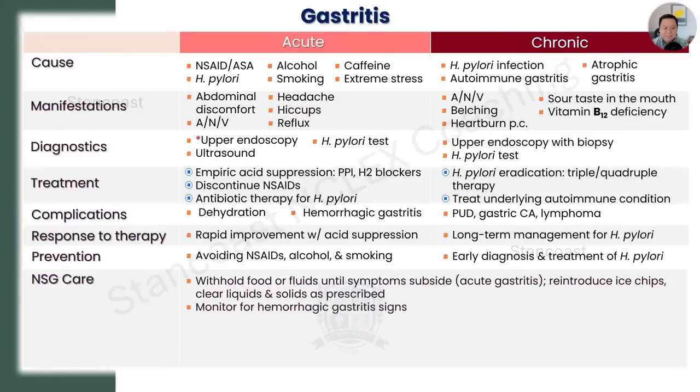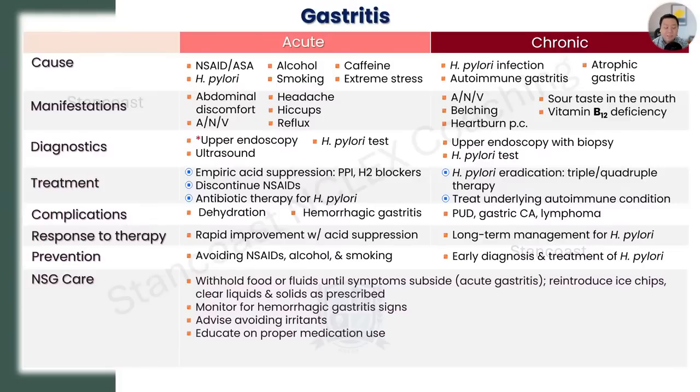Could be manifested in the form of hematemesis, tachycardia, hypotension, and make sure that you notify the medical provider right away if these occur. Now, we also need to advise the patient in avoiding those irritants: spicy foods, caffeine, alcohol, nicotine. Make sure that you instruct the patient on the proper use of the medication, especially antibiotics.